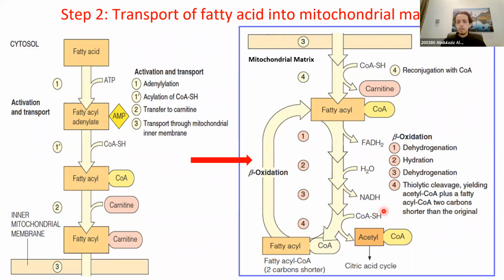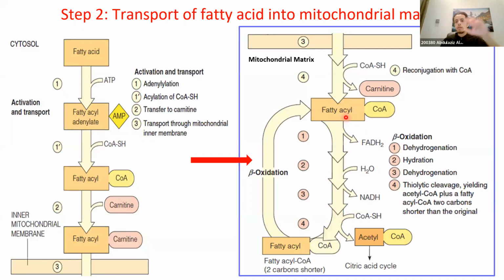The third step is another dehydrogenation reaction. However, this time it is NAD that the hydrogen will be attaching to. And then the final step is thiolytic cleavage. Essentially, we get 2 products: the acetyl CoA, which is the main goal, and a fatty acyl CoA which is 2 carbons shorter, and essentially it will return to the very first step.